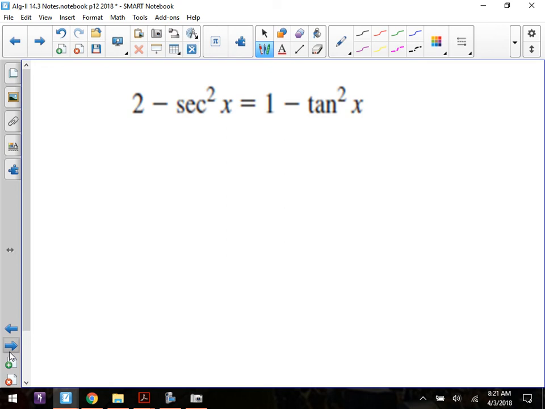So if I have 2 minus secant squared. If you do, you want to go left to right though. You don't want to work both sides, because if you start working both sides, you're going to wind up with 1 equals 1.